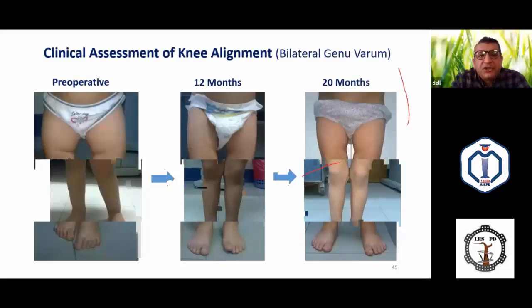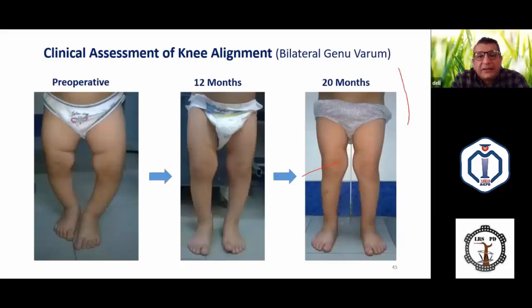This is another patient, with clinical assessment of bilateral knee alignment, severe deformity. This patient had her screws retained for a very long time because she had a severe deformity, and the screws suffered displacement, and they lost their full ability to provide epiphysiodesis. We had to leave her for a very long time until she corrected.